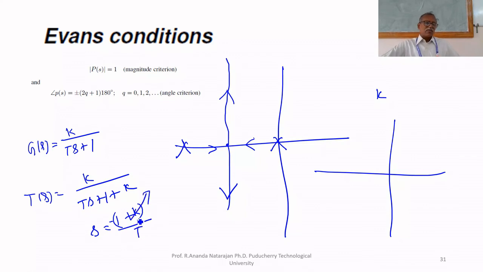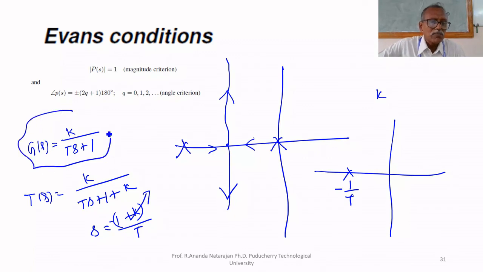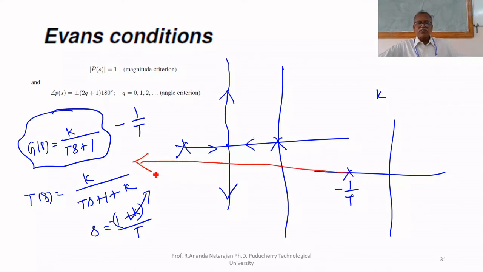If you vary K from 0 to infinity, the initial pole is minus 1 by tau, because the open loop pole is minus 1 by tau. As you increase K, it moves towards infinity this way. As K increases, the locus of the pole goes towards infinity.